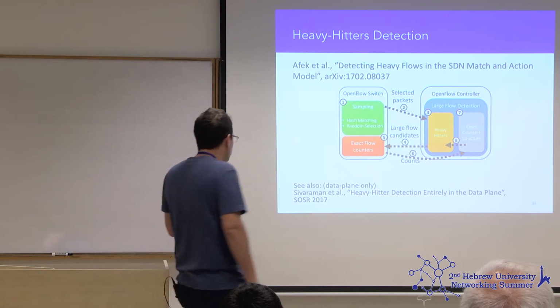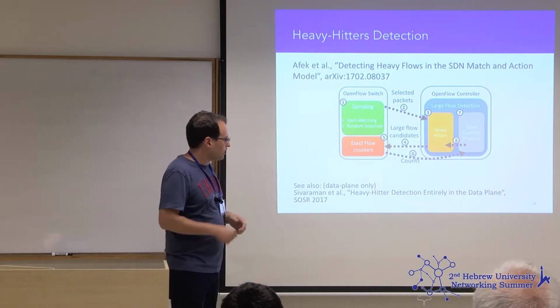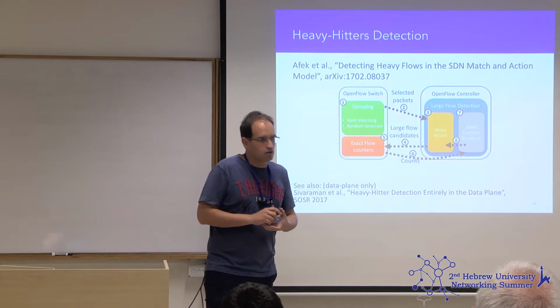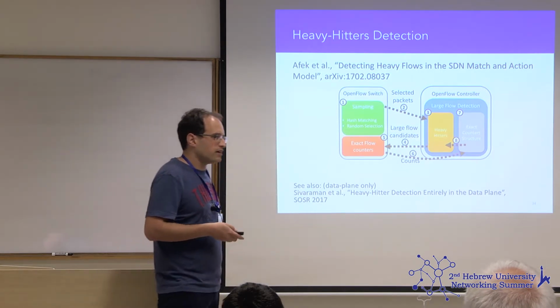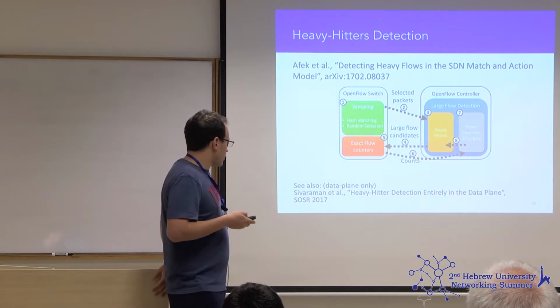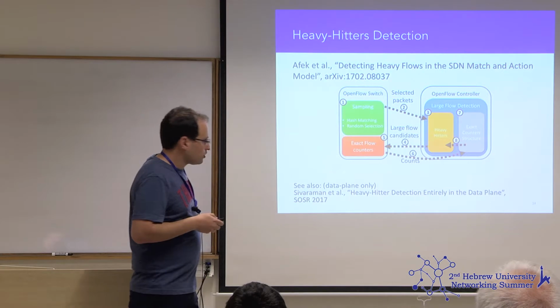What they're doing is maintaining multiple tables on the switch and using hashing of the flows on the packets, so that they find heavy hitter flows directly on the data plane without involving the control plane much.